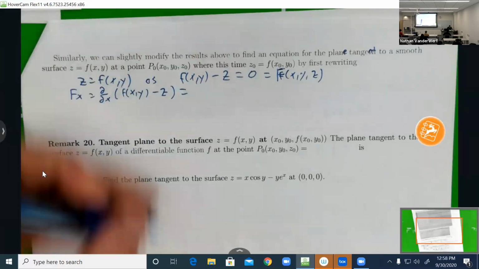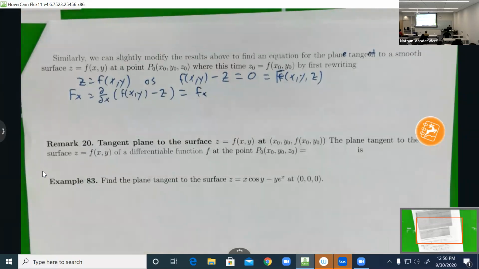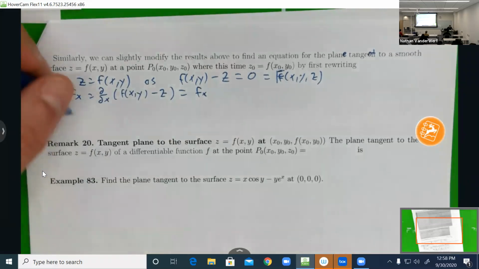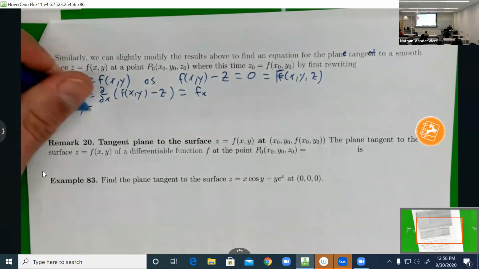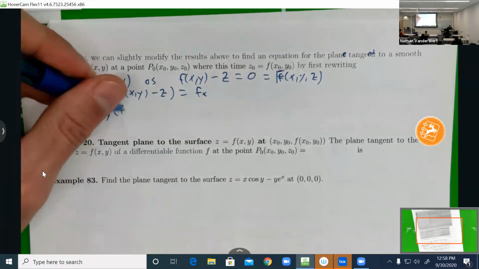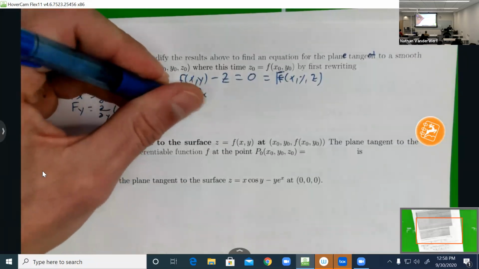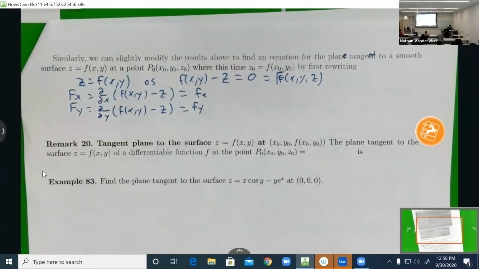And this is still going to be little fx like last time. So that's not going to change. Capital Fy is going to be partial over partial y of f of x, y minus z, which is little fy from that equation last time.